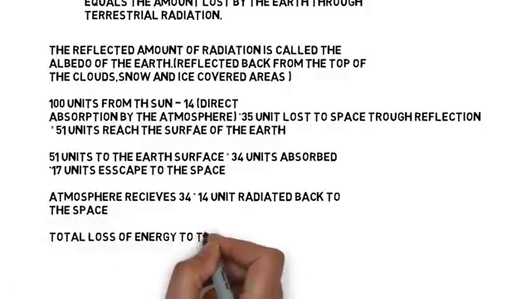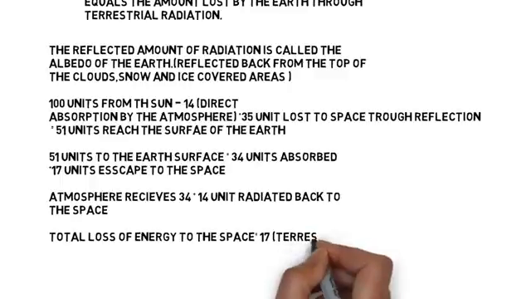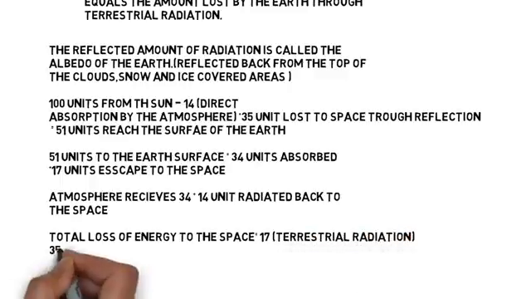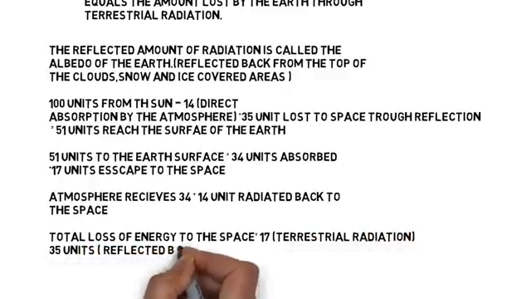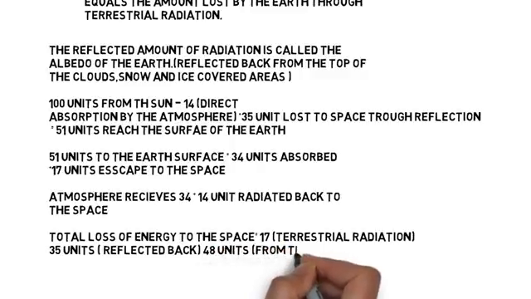Of the 51 units of terrestrial radiation, the atmosphere then absorbs approximately 34 units, and the remaining 17 units escape to space. In this manner, the atmosphere receives a total of 14 plus 34 is equal to 48 units, and this amount is radiated back to space by the atmosphere.